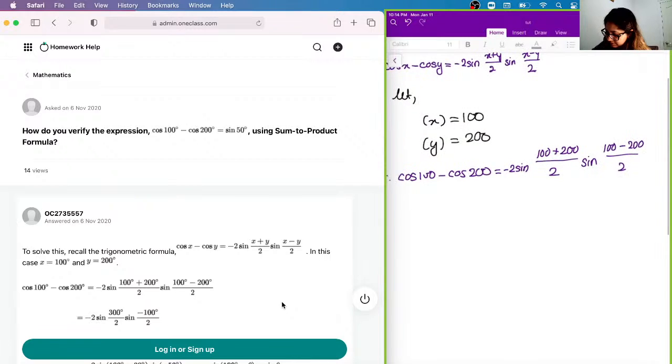So we just substitute x equals 100 and y equals 200 into the equation.